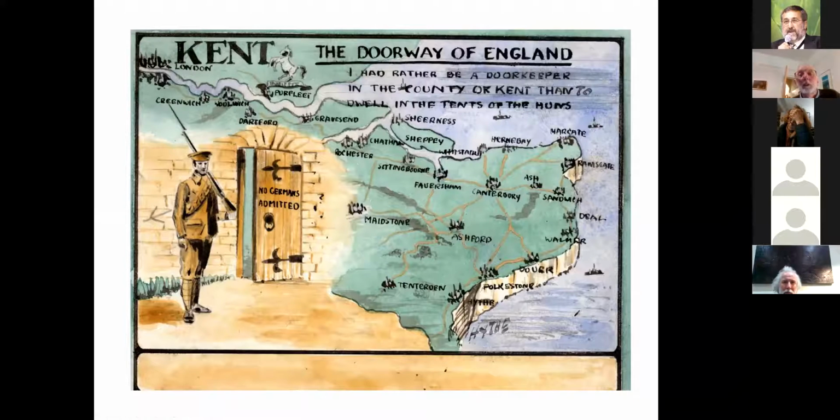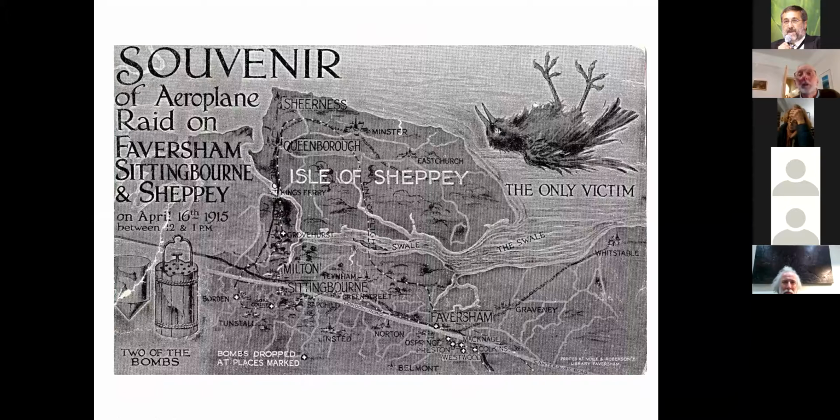There's another propaganda postcard here. This is the record of the first aircraft attack on Britain, April the 16th, 1915.